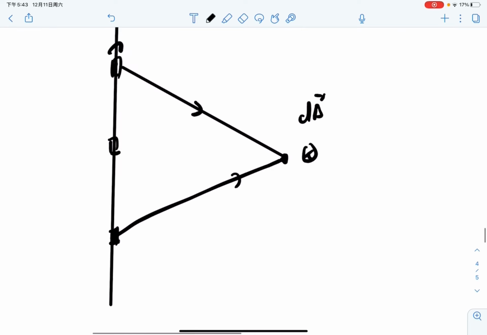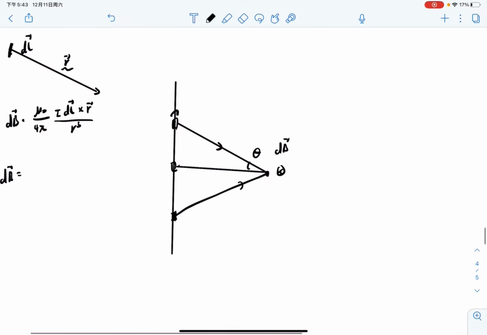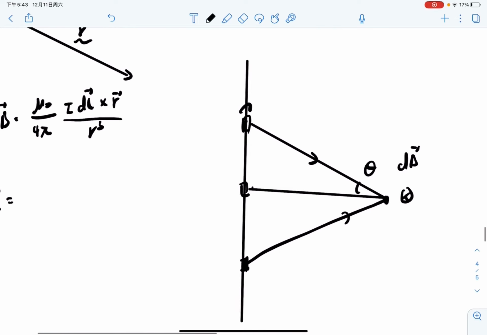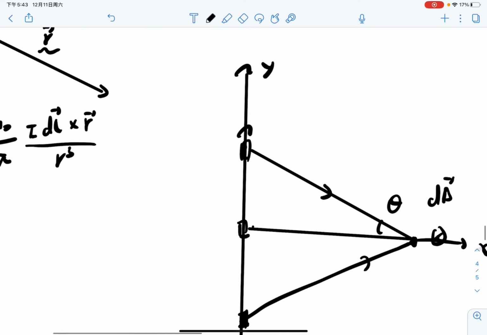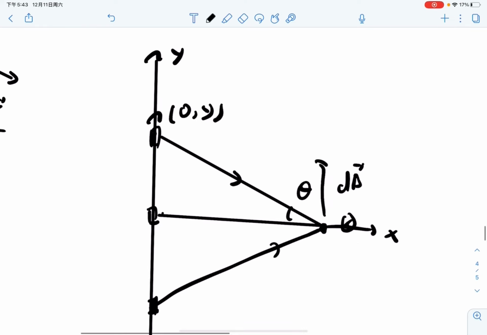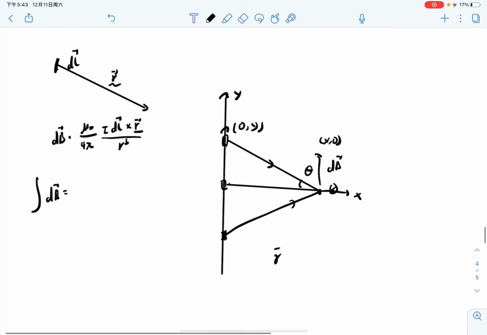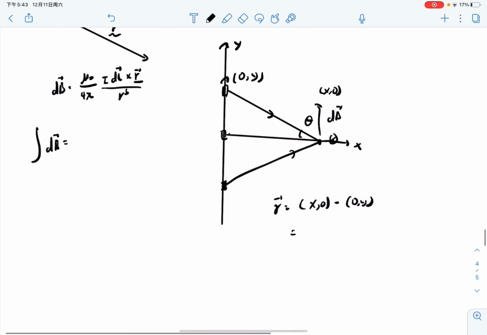And now for a certain value of theta, and you can see that we just label this as y and this as x, and we can label this as 0, y and this point as x, 0. And so r is equal to x, 0 minus 0, y, and this is equal to x, negative y, and dl is equal to 0, dy.